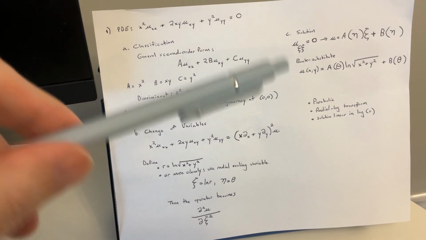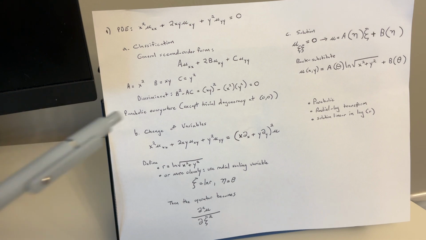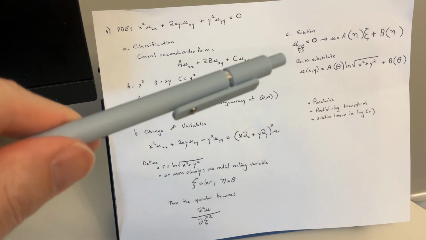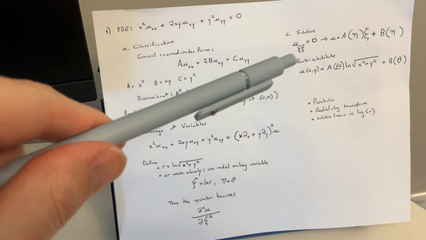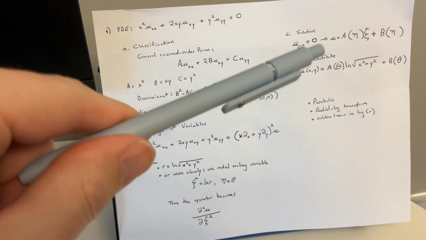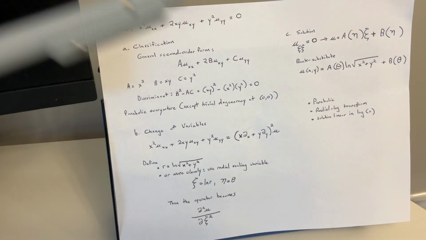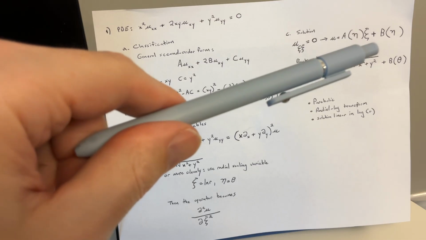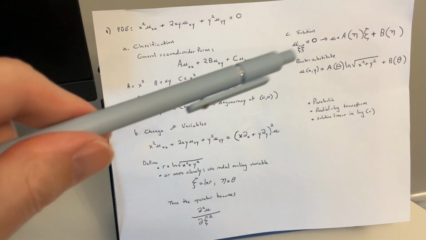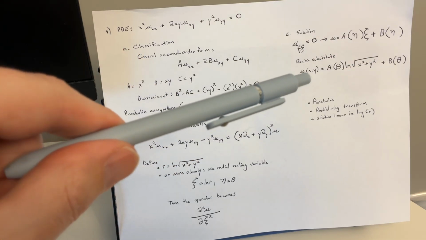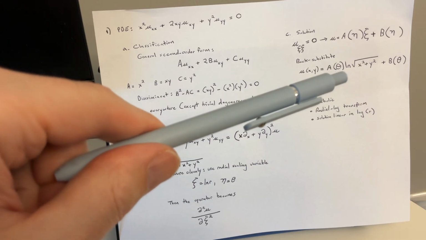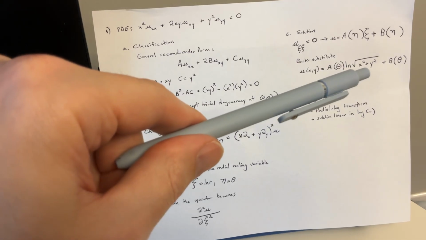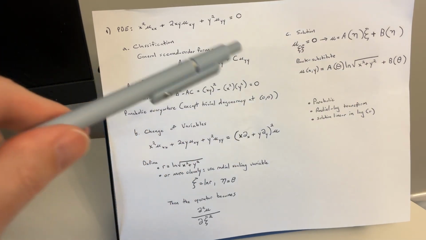And for part C, we can arrive right at the solution. Second derivative here, u_xixi equals 0, and u equals a times xi plus b, with coefficients depending on nu. Now if we back substitute this, we get u of x, y equals a(theta) times natural log of the square root of x squared plus y squared, plus b(theta).